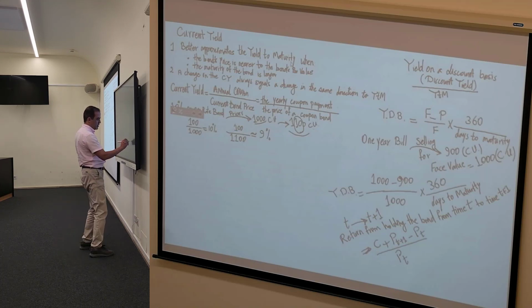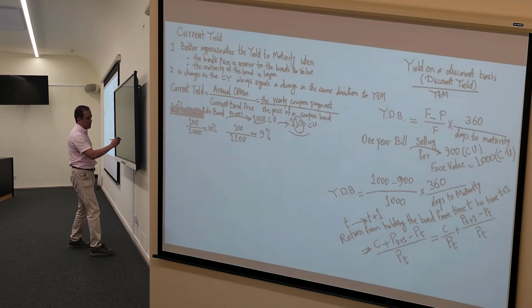We can write it like C over P_t plus (P_{t+1} minus P_t) over P_t.